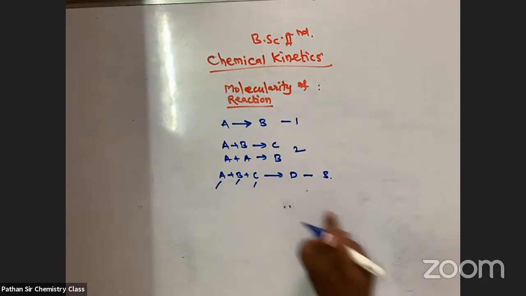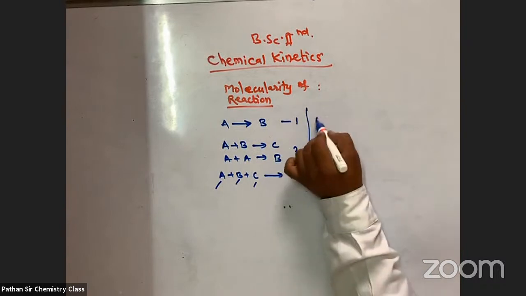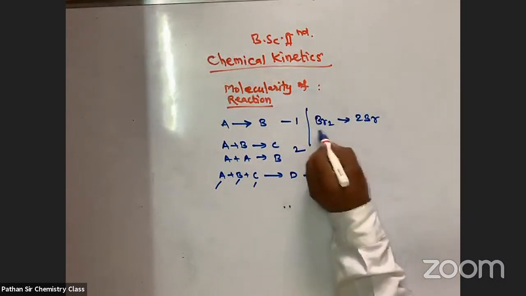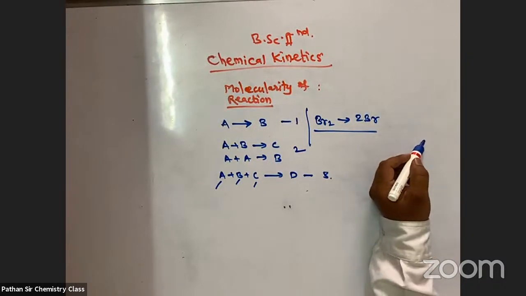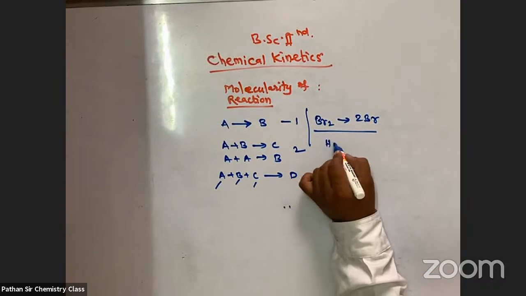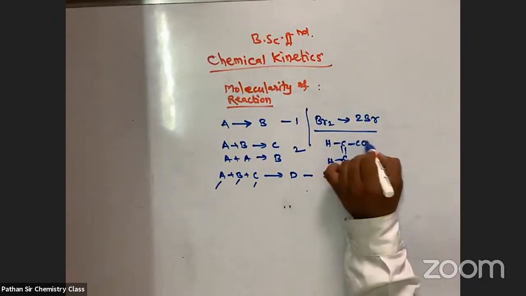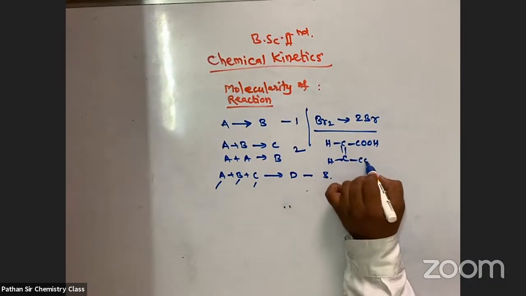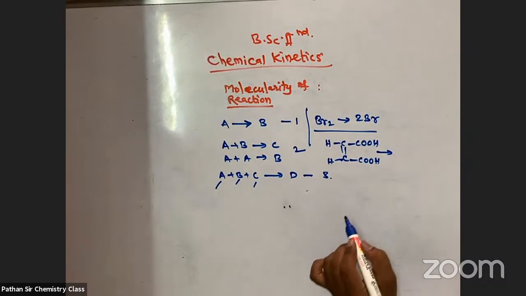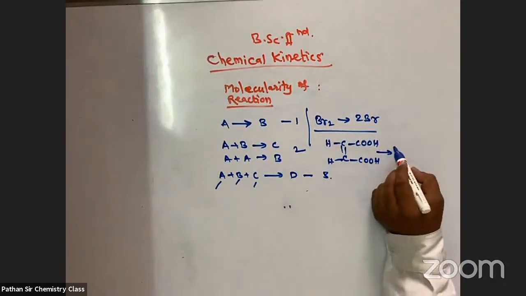Now in case of a unimolecular reaction, for example, bromine decomposes to form bromine atoms. This is a unimolecular reaction. Or simply, malic acid. This is the structure of malic acid. Malic acid is converted to fumaric acid, and the double bond rotates.